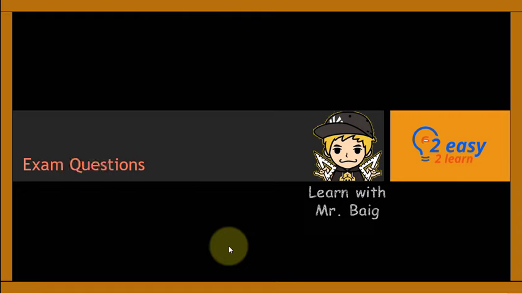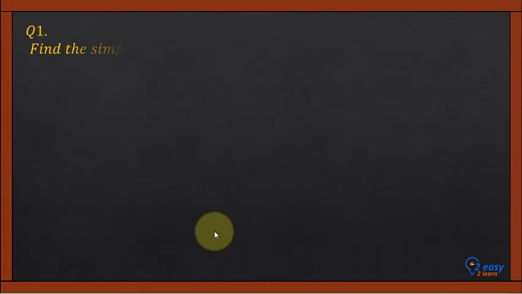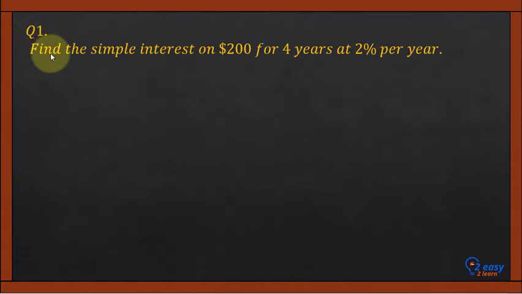Let's do some exam questions and apply this simple interest formula. Question number 1. Find the simple interest on $200 for 4 years at 2% per year. So we will find the different values from this statement. P is the principal amount, it is $200.